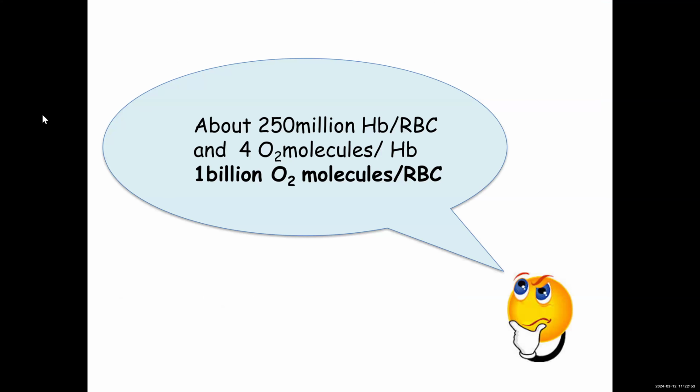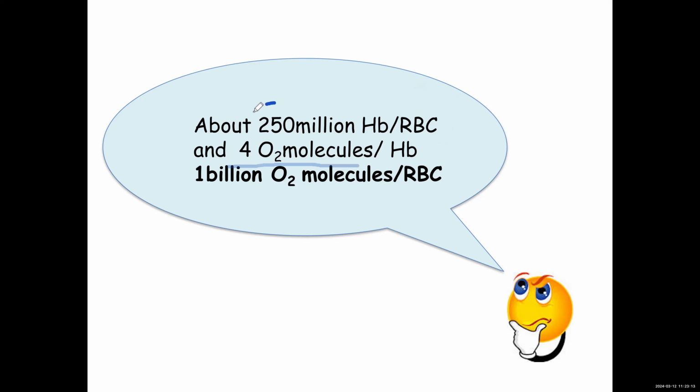Now, if you take one red blood cell, inside that one cell you will have 250 million hemoglobin molecules. Each molecule of hemoglobin attaches 4 molecules of oxygen, right?